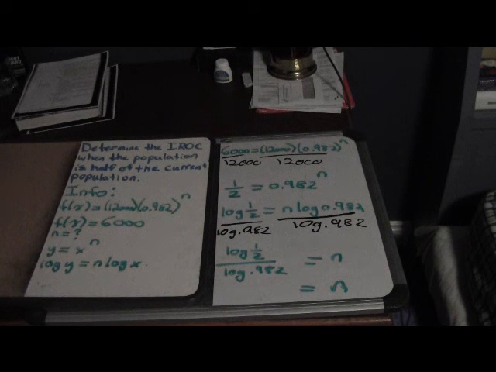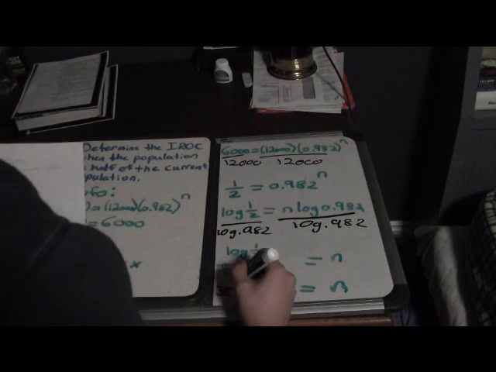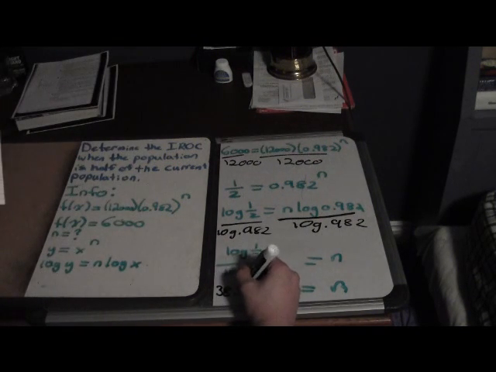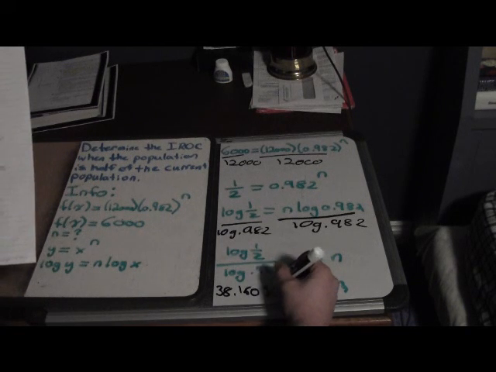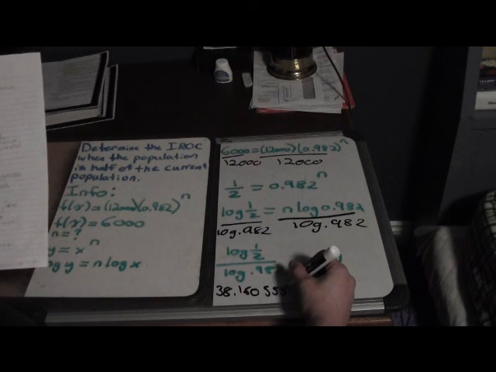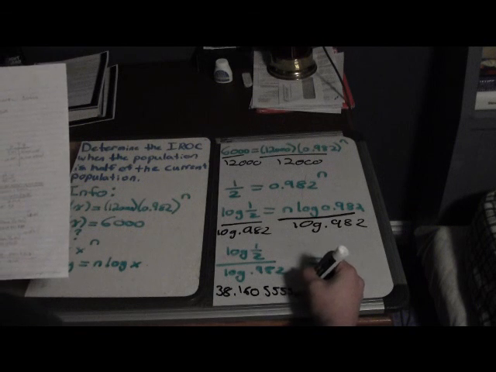Once you do that, you have log 1 over 2 divided by log 0.982 is equal to n. Now our final answer that n is equal to is 38.160555521.